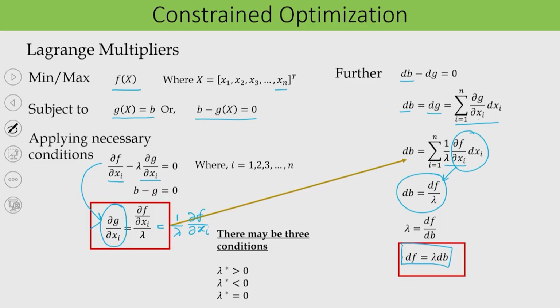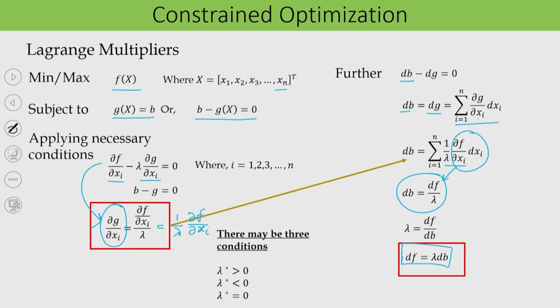But otherwise, suppose it is a minimization problem and lambda is positive. In that case, if you tighten the constraint, there will be a marginal improvement in the objective function.